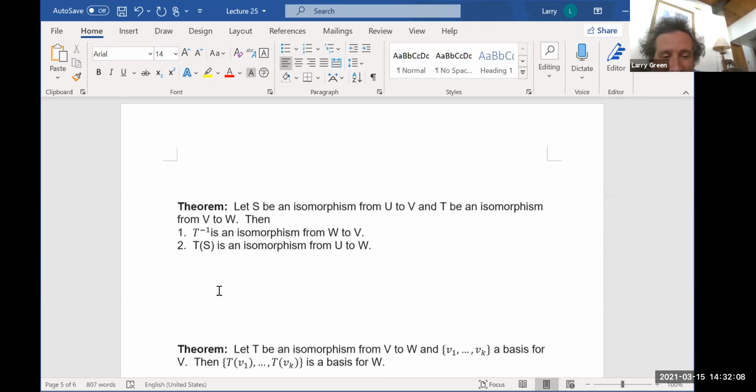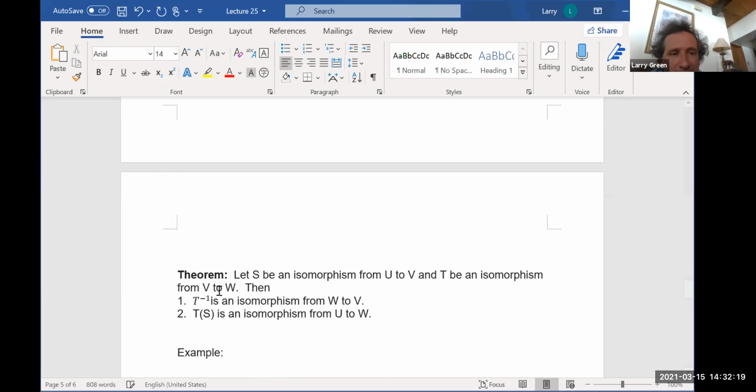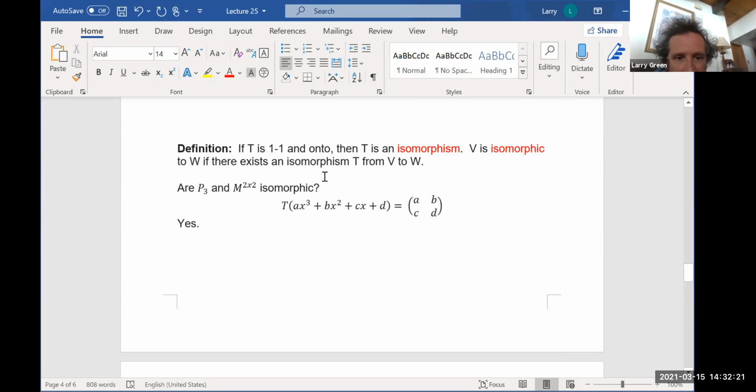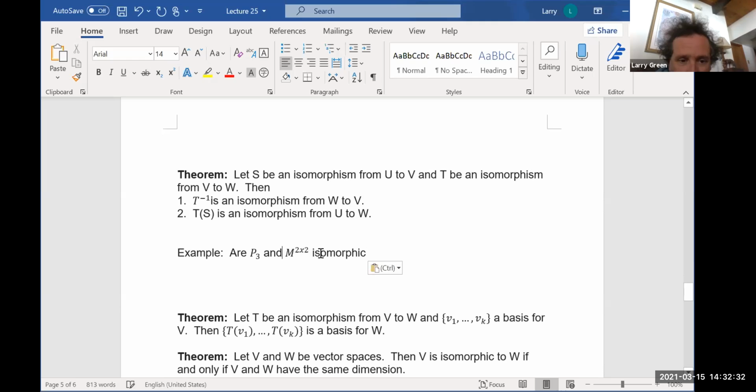Okay, we don't have so much time, so I can't prove everything, but at least I can give examples. So, example: we know that P3, let's write it this way, is isomorphic to M2 by 2. We just proved that.